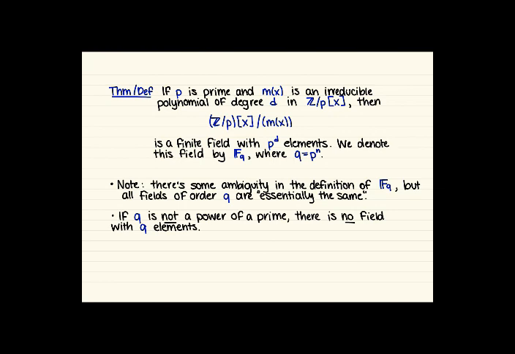So based on how we counted elements, this is going to be a finite field with p to the d elements. And then we have special notation for this field, so we don't have to write that big long thing all the time. We denote this field by blackboard bold F sub q, where q is p to the d, not n. So q is p to the d.